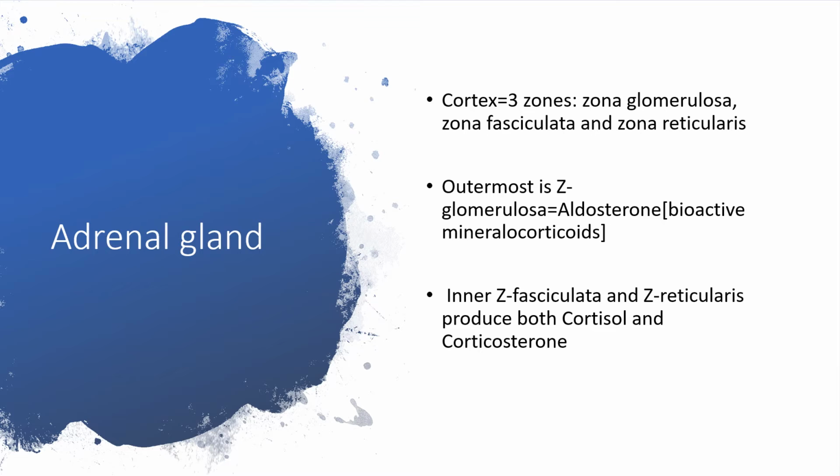Okay, my thinking is that my audience are familiar with the anatomy of the adrenal gland, so forgive me if I skip it, having explained that we have the cortex and the medulla. The cortex has 3 zones: zona glomerulosa, zona fasciculata, and zona reticularis.